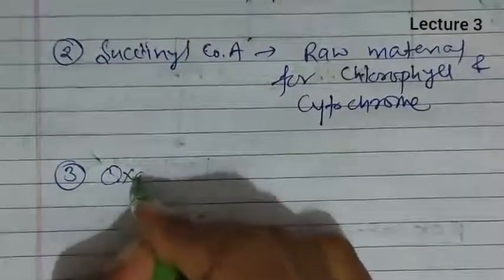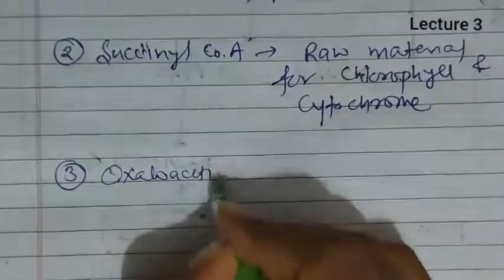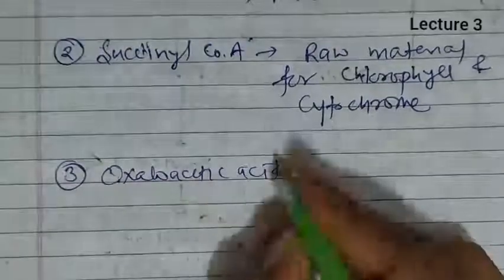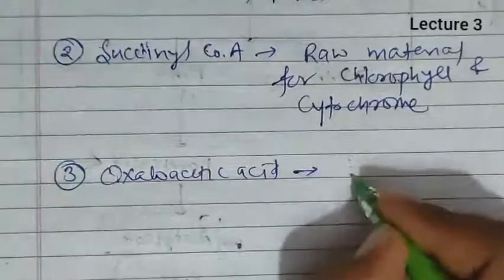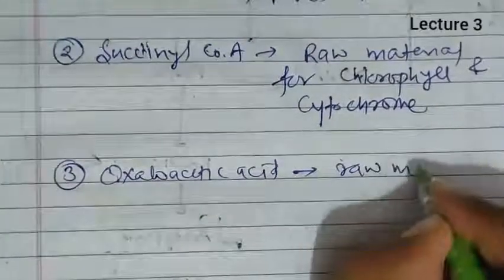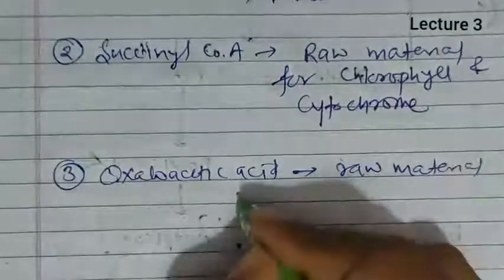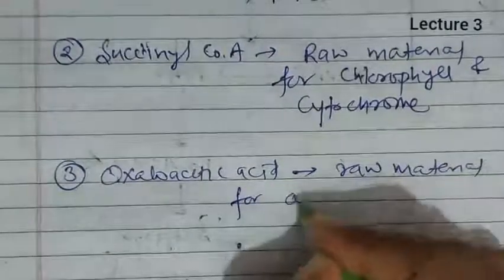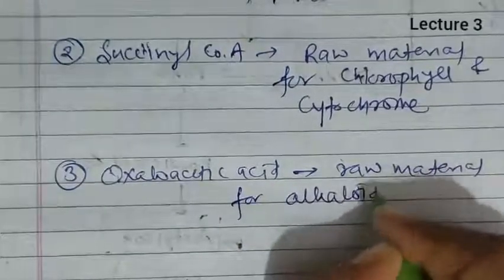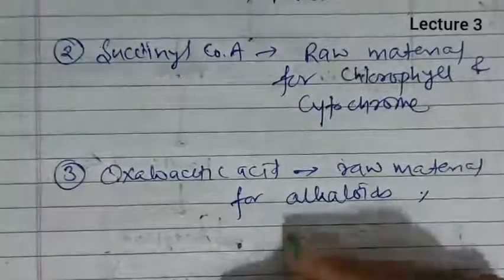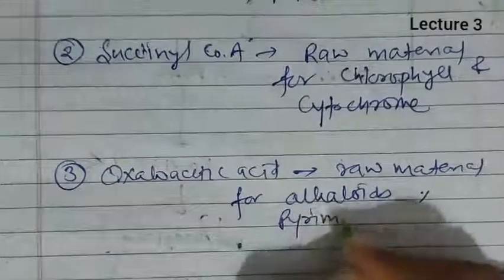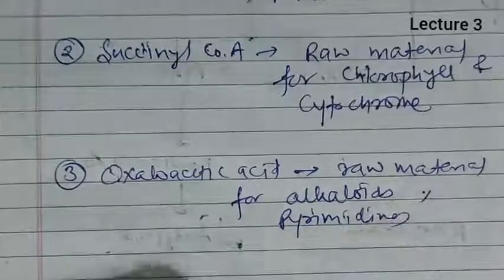Third is oxaloacetic acid. This oxaloacetic acid is a raw material for alkaloids and pyrimidines.